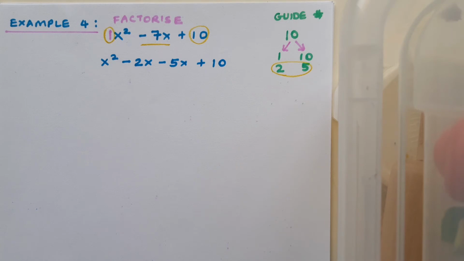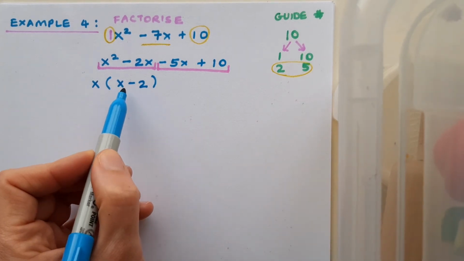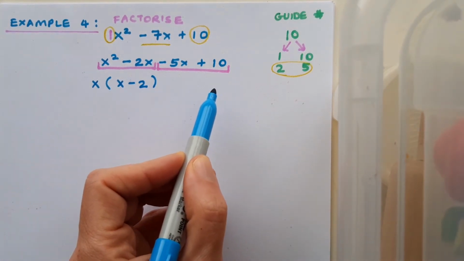And now I want to go ahead and factorise as normal. So when I factorise x squared minus 2x, what can I factorise out? I can factorise out x. What should go in the bracket? X minus 2 goes in the bracket. And now I'll factorise minus 5x plus 10. Now at this point, I want to just be aware that I want to try and get x minus 2 in my second bracket over here.